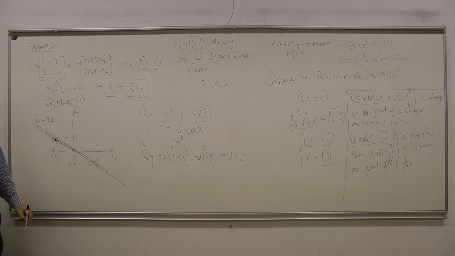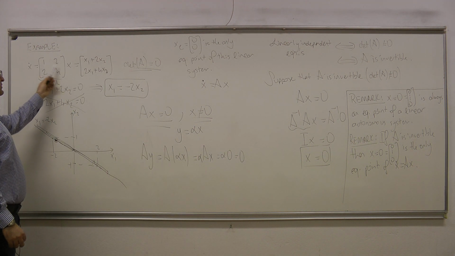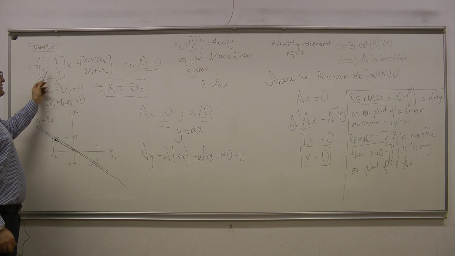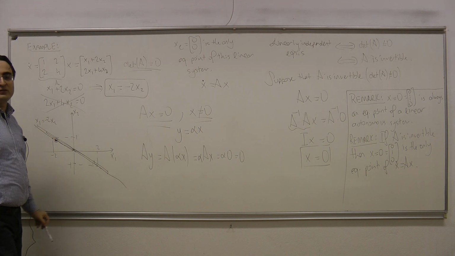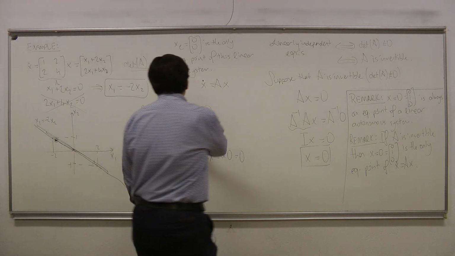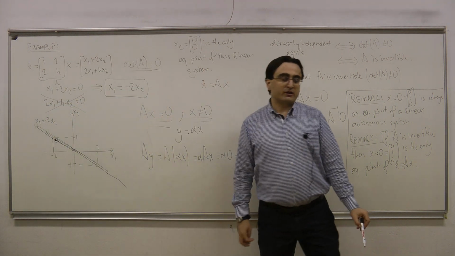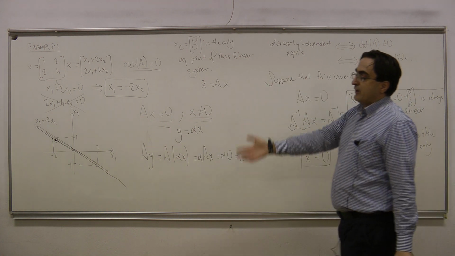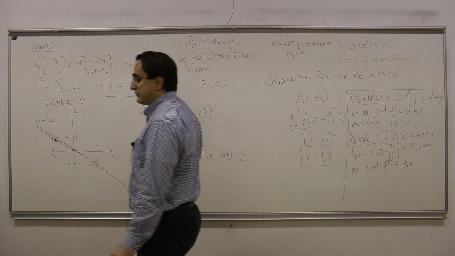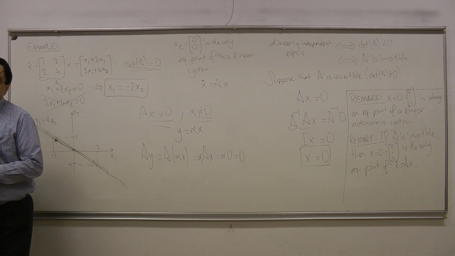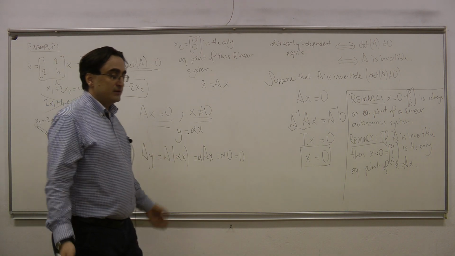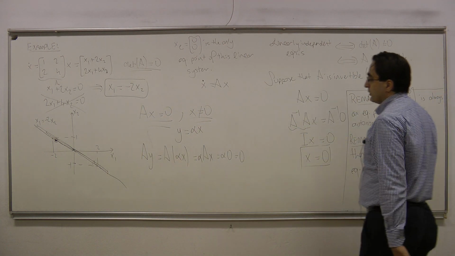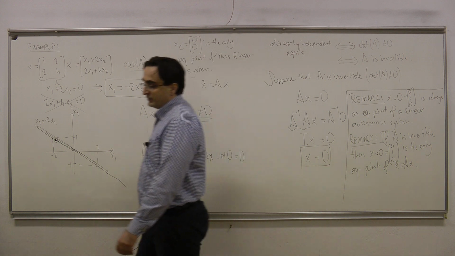This means that the columns of this matrix are linearly dependent, and that means that I can find non-zero x values which would satisfy this equation, A times x equals 0. As soon as I find a single non-zero x value, I know that I can have infinitely many non-zero x values that would satisfy the equilibrium point equation here.